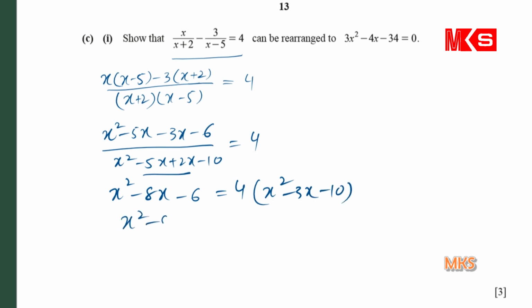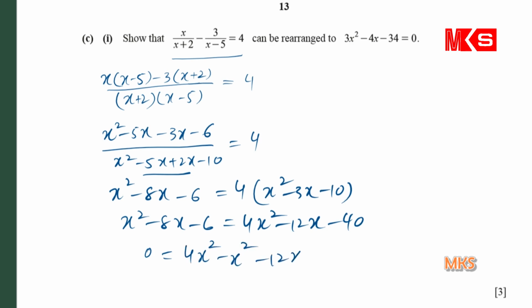X squared minus 8x minus 6 is equal to 4x squared minus 12x minus 40. So we will shift this x squared minus 8x from the left to the right, 4x squared minus x squared minus 12x plus 8x minus 40 plus 6.